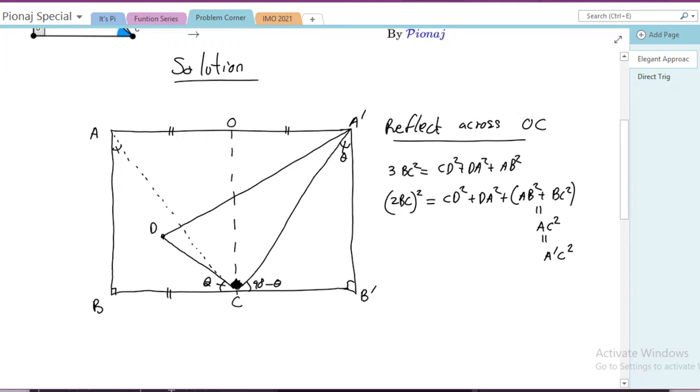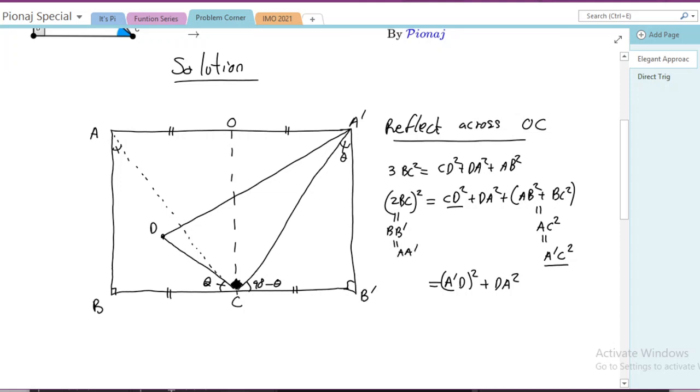So now from this right angle we just got, the angle at C, it means we can add the first one to the one we just got, using Pythagoras theorem once more, to give the new hypotenuse, which is A prime D squared, and we have this. If you observe this very well, you see that 2BC, which is also equal to this, will just be the length B prime B, which is equal to A prime, as that's a rectangle.